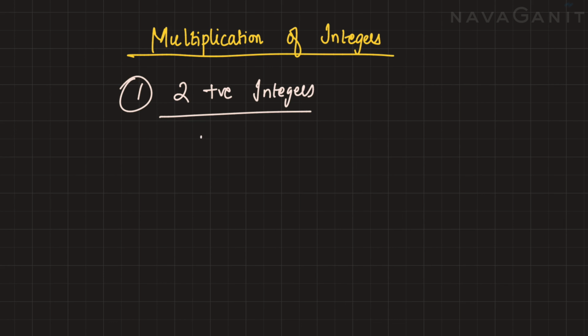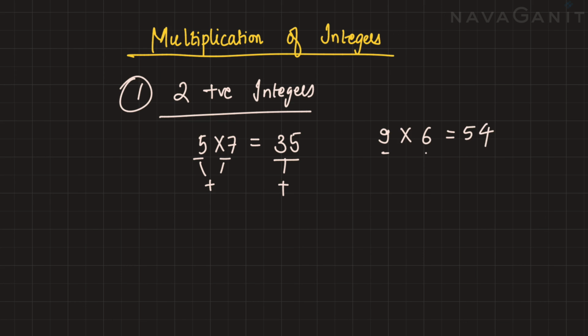For example, if you are multiplying 5 and 7, it would result in 35. So 5 and 7, both of them are positive. 35 is also positive. Similarly, if we multiply 9 and 6, we would get 54. 9 and 6 are positive.